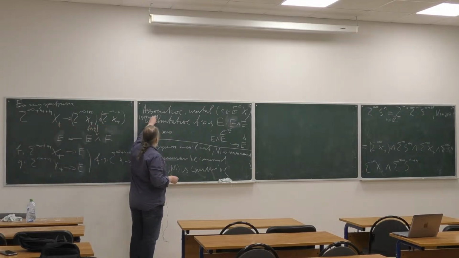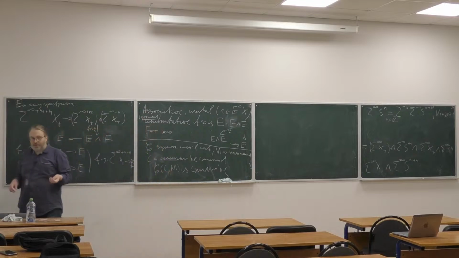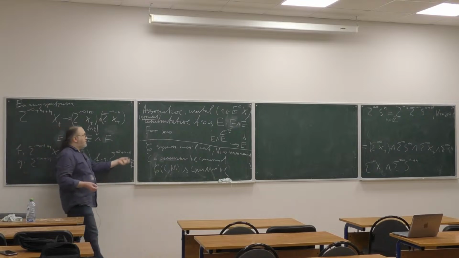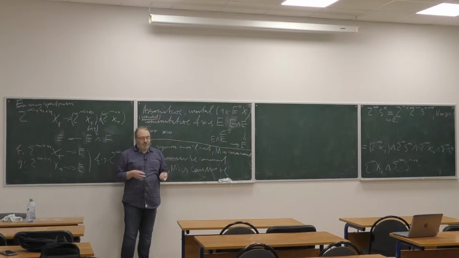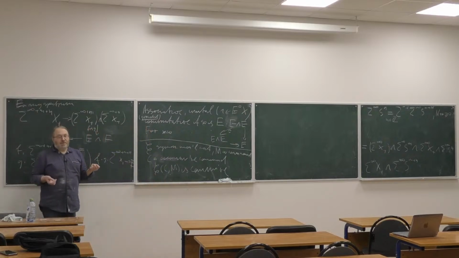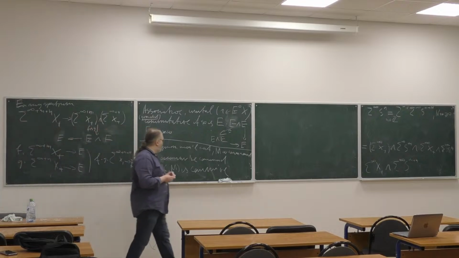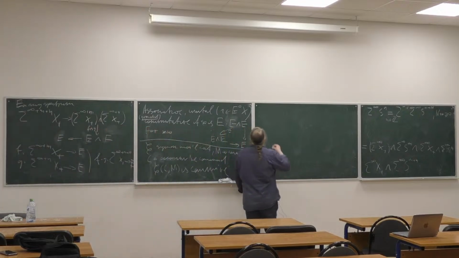So the word graded is important, as you know. It's hard to expect the cohomology of pretty much anything to be commutative on the nose, unless 1 happens to be equal to minus 1.